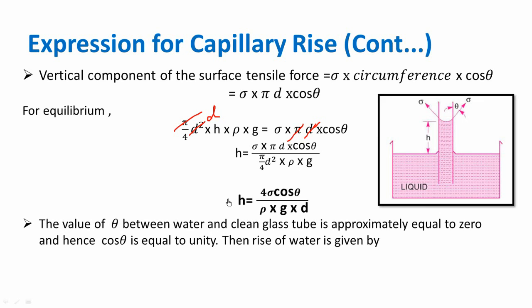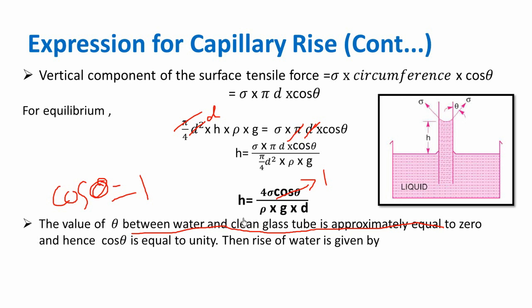So for the water, when it is between clean glass, the theta value is approximately equal to 0. So we'll substitute cos theta equal to cos 0, which equals 1.